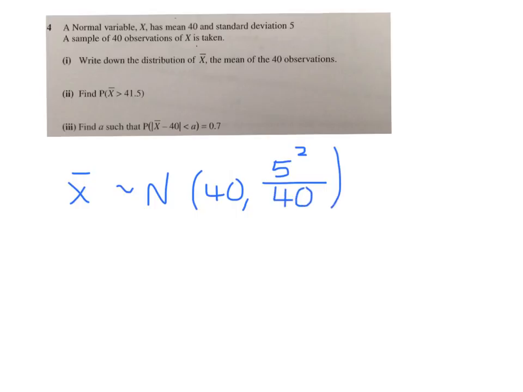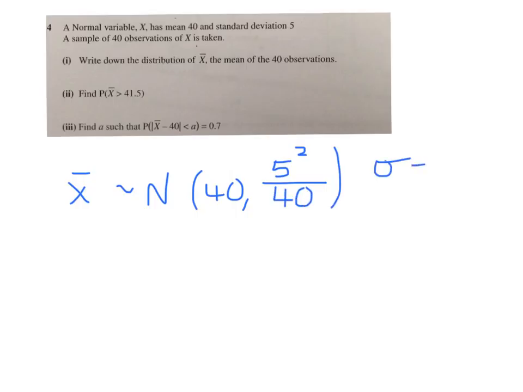So start in part 1 and we write down the distribution. The distribution will be normal. Our mean is the same, but we have to adjust the standard deviation. Remember, when we're writing in normals, we deal with variance. So variance would be 5 squared, and we divide by the number of observations.